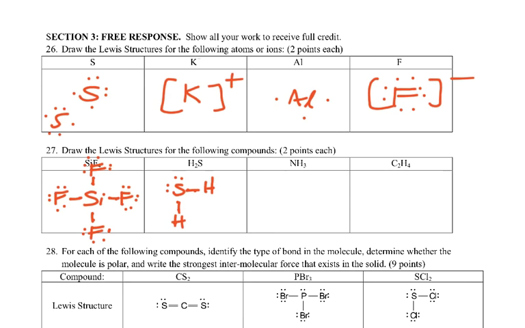Okay. NH3, nitrogen is family 5. So it's got 2, 1, 1, 1. It can make 3 bonds, so 1 bond to a hydrogen this way, 1 bond to a hydrogen this way, 1 bond to a hydrogen that way. That would be a great picture for that. And C2H4. Well, carbon can make 4 bonds, and this carbon can make 4 bonds, so they're definitely going to bond together.